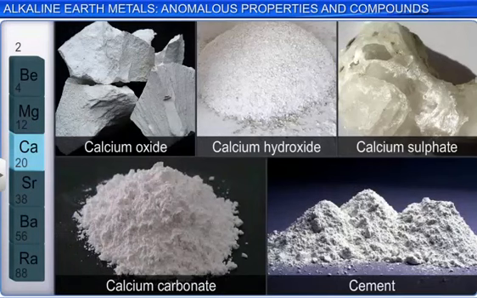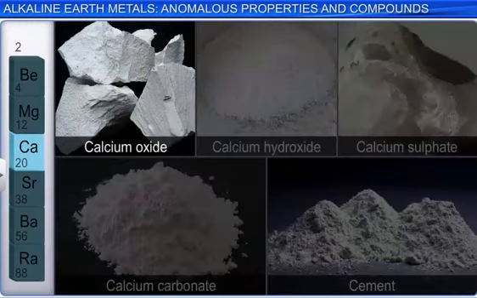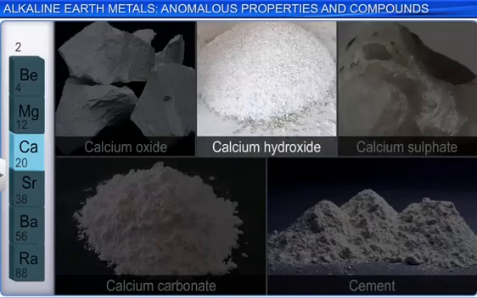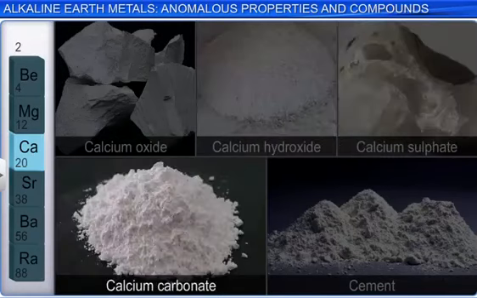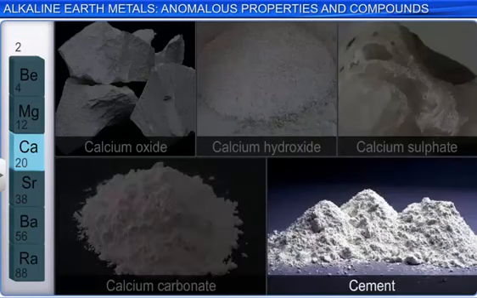Calcium oxide, which has the chemical formula CaO, is commonly known as quicklime. Calcium oxide is a white, amorphous solid with a melting point of 2870 Kelvin.